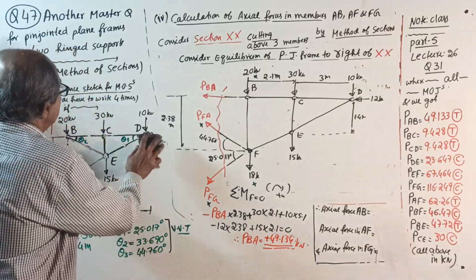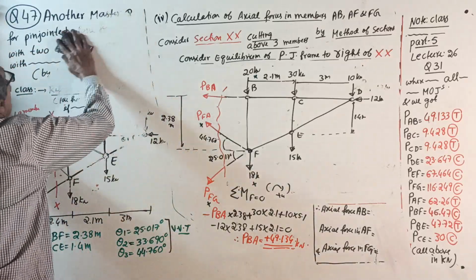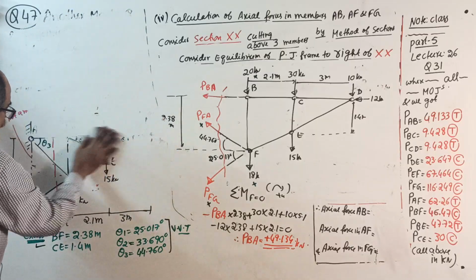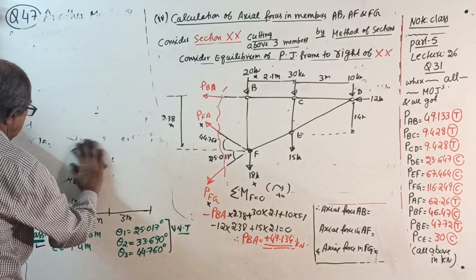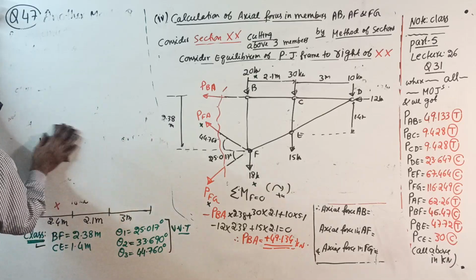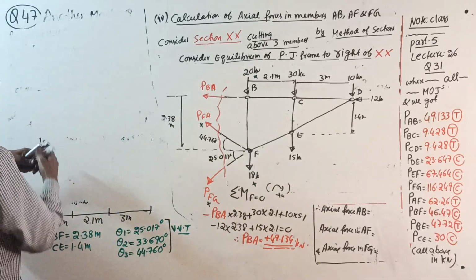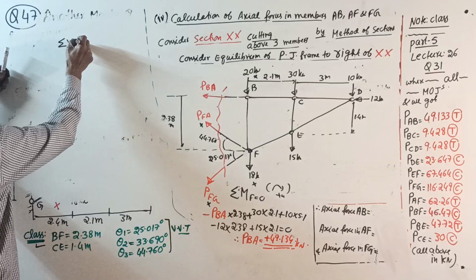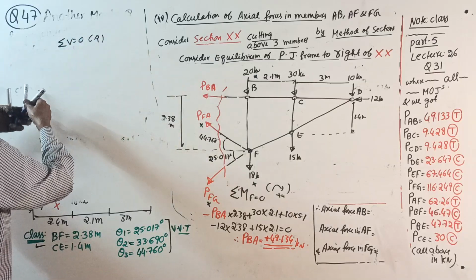Now it is for you. If you are serious, do it. If you are not serious, don't do anything. What can I tell? Now, if you cannot solve the question, okay, here I do. Start. Sigma V equal to 0, upward positive.